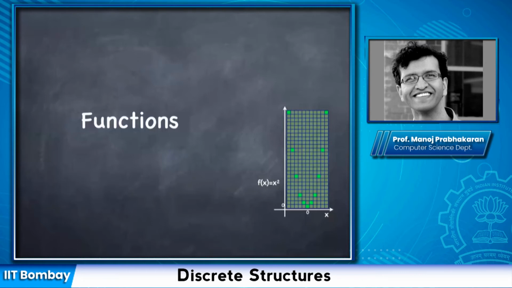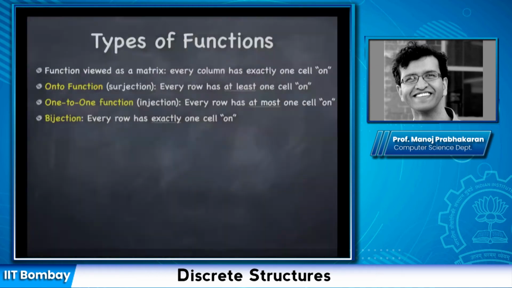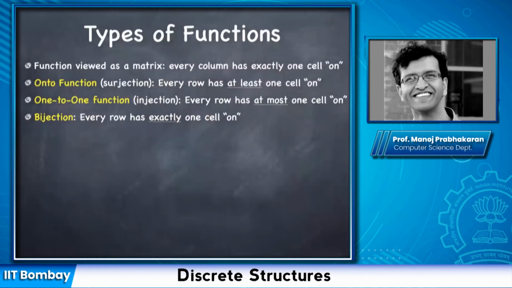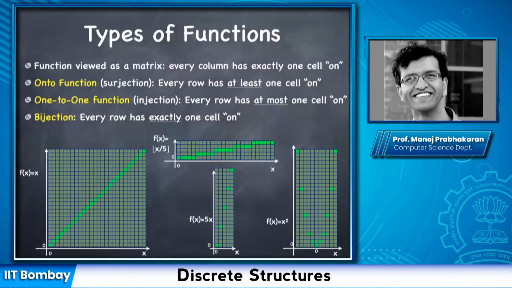Now we will discuss different kinds of functions, mainly one-to-one functions, onto functions, and bijections. So here is a quick summary of what these different types of functions are, using the matrix representation we had, just to quickly understand visually.